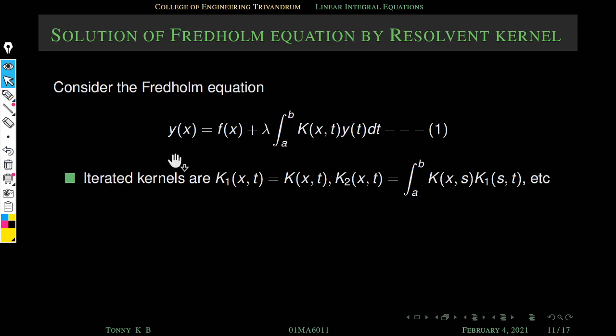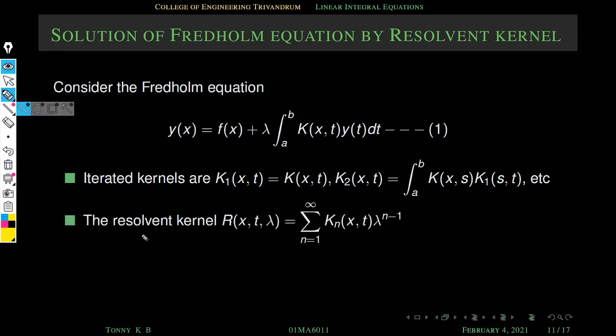Next we define another term called the resolvent kernel. Using iterated kernels, we can define the resolvent kernel. Resolvent kernel is R(x,t;lambda), because this resolvent kernel depends on x, t and lambda. R(x,t;lambda) is defined as sigma n equal to 1 to infinity kn of x,t into lambda raised to n minus 1.